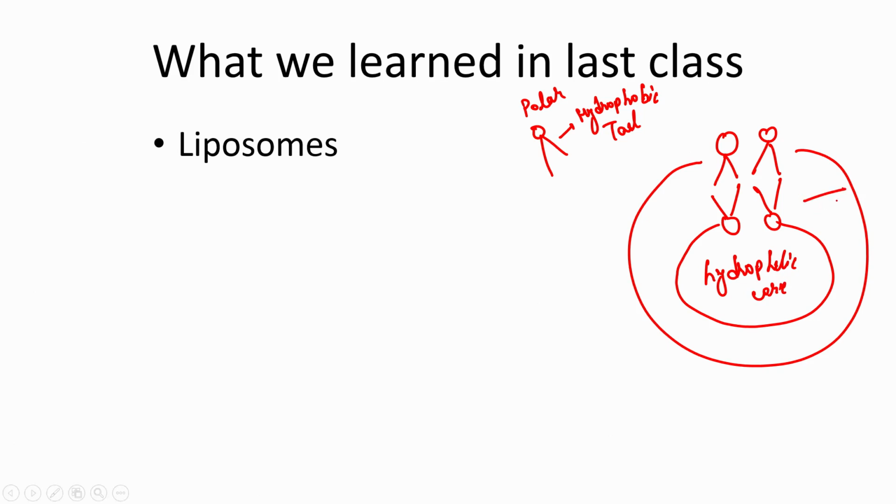Right. So, any of the drugs that are hydrophobic can get encapsulated in this region, whereas any drug which is hydrophilic can get encapsulated in this region, and we talked about that these lipids are fairly compatible. They are actually derived from the cell phospholipids.